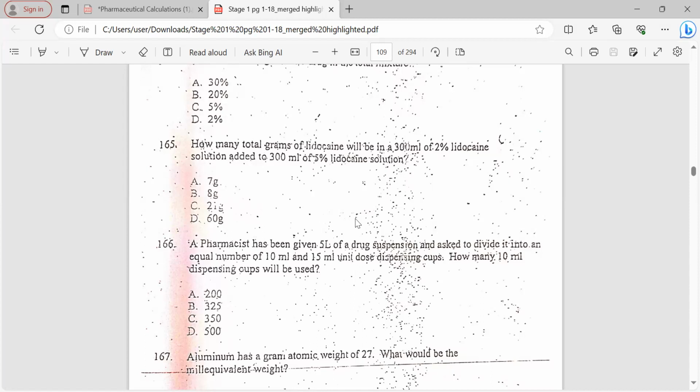So like here, we have solution, but wametupea how many grams. So basically it's percentage, hiyo ni weight by volume. Sindio? So it means for the first part ya 300 ml of 2%, inamaanisha every 100 ml of that solution has 2 grams of lidocaine. Sindio?